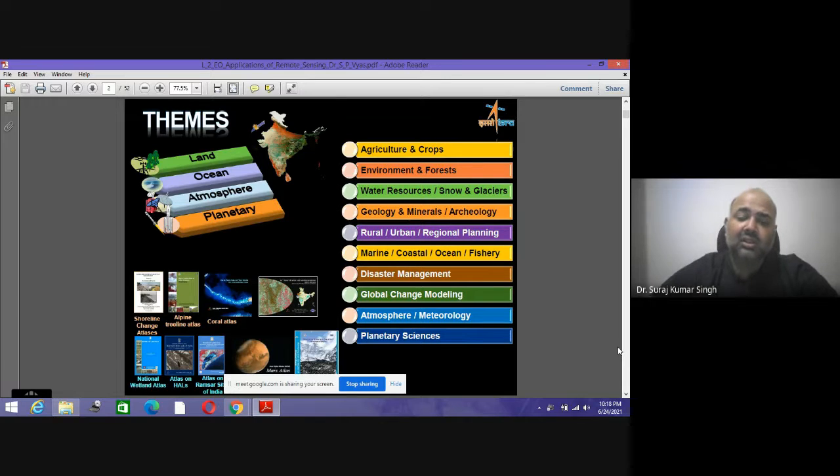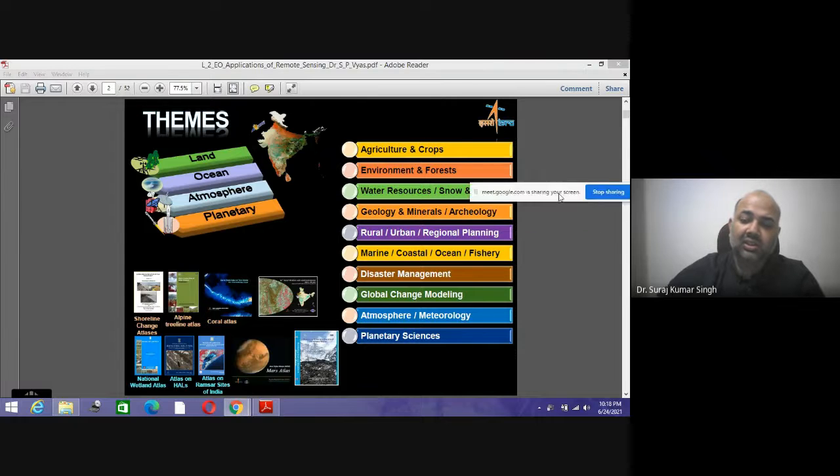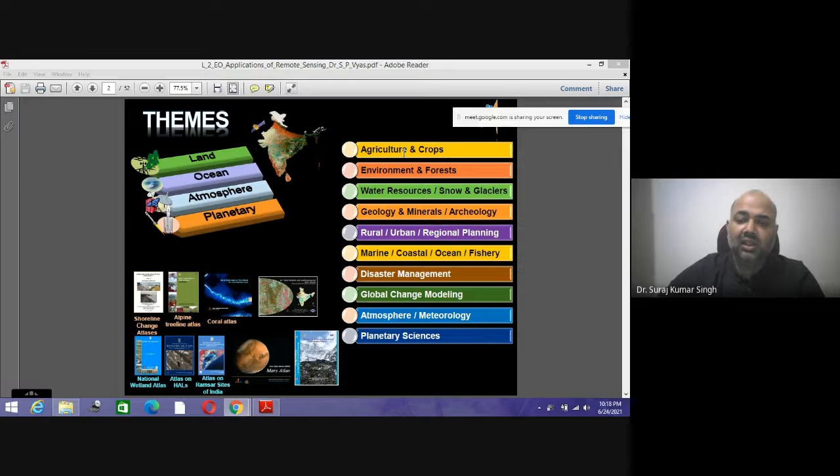So, using GIS and remote sensing techniques, known as geoinformatics, we can use the entire subject and the satellite images for preparation of various kinds of atlases. Atlases like land use land cover change atlases are being prepared using remote sensing and satellite images, then alpine terrain atlases, coral atlases, Wasteland Atlas of India, Desertification Atlas of India, Wetland Atlas of India.